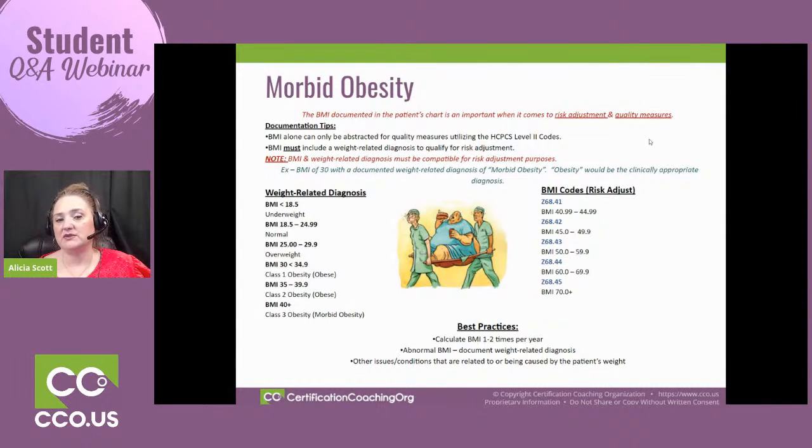Only 40 and above risk adjust. However, if there's documentation that the patient has malnutrition, that does risk adjust. So red flag, whenever you see a really, really low BMI, make sure that that's something you're looking for. Does the patient have malnutrition? And so that you can capture that risk adjustment score.